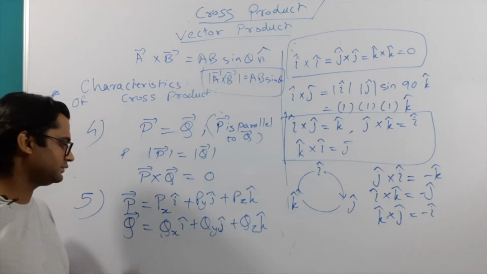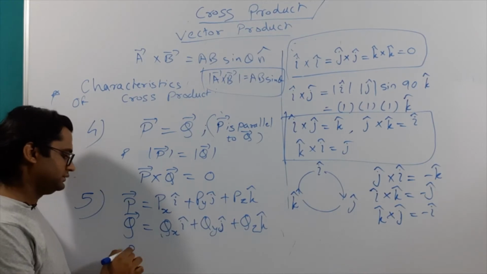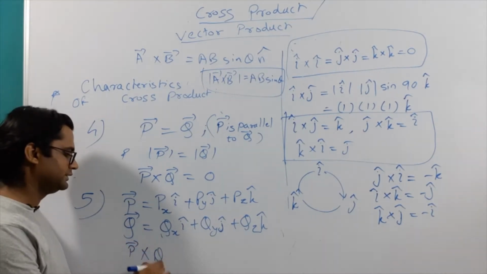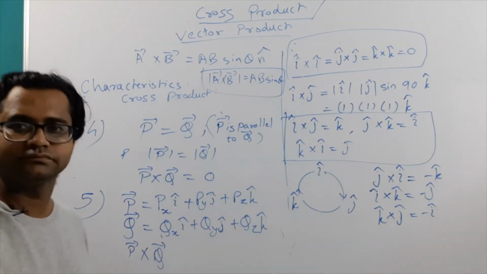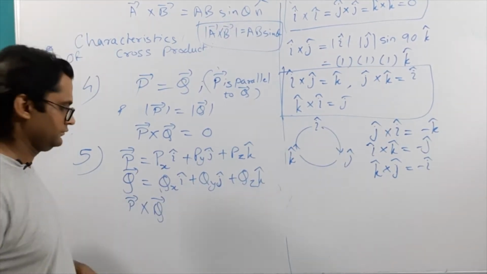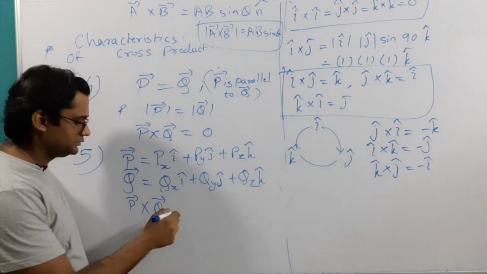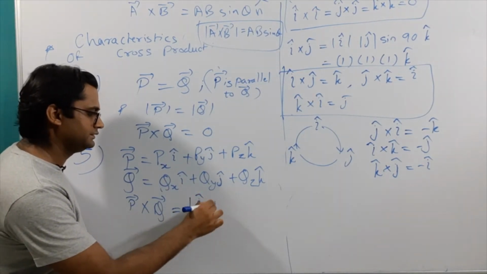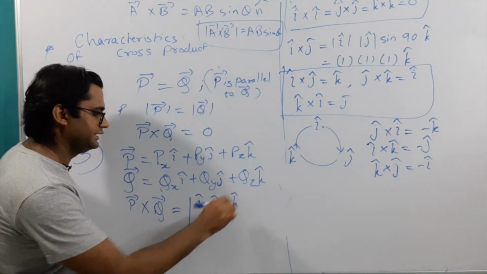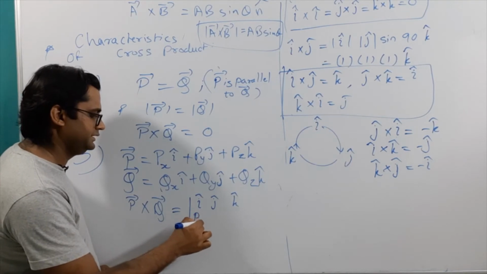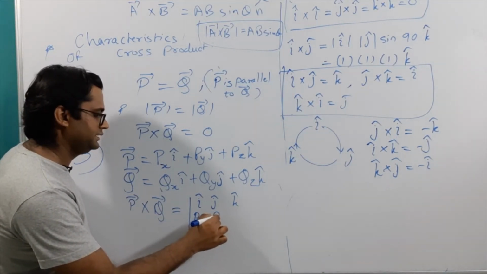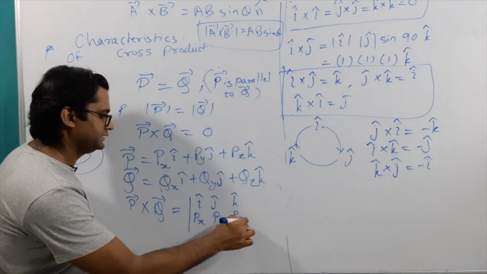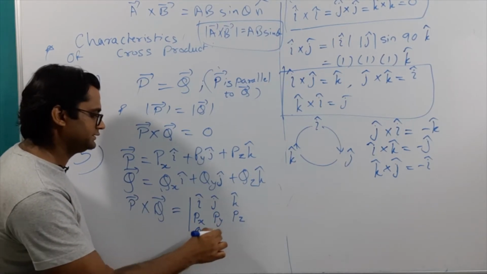So if I do the cross product of these two, p bar cross q bar can be written as the determinant with rows i j k, px py pz, and qx qy qz.